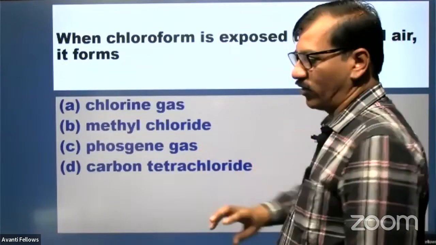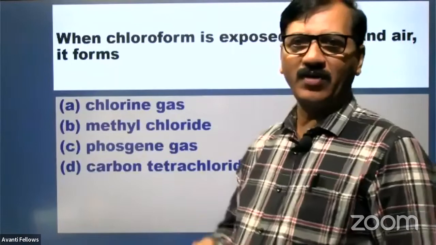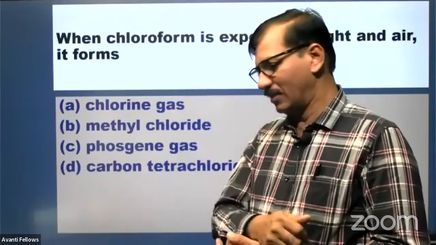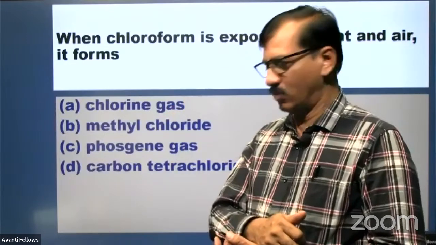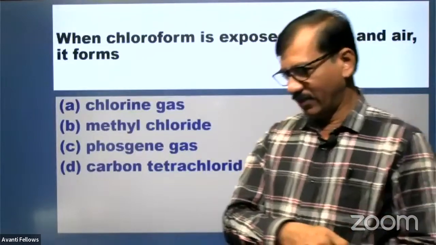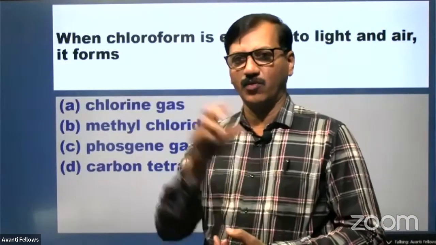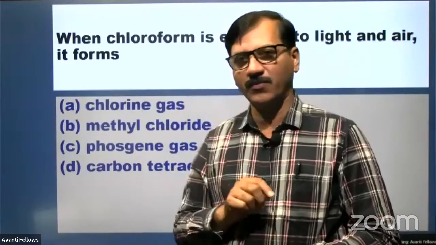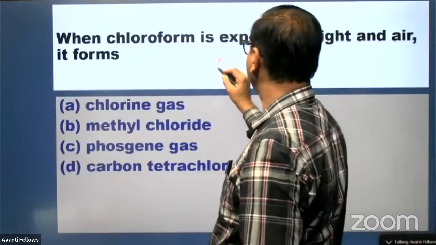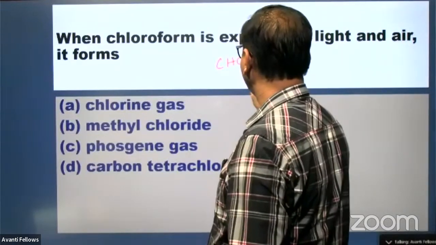Even if the lid of the chloroform bottle is closed, we should not open the lid directly, because phosgene, a poison gas, will be present after the oxidation of chloroform. Chloroform is CHCl3.